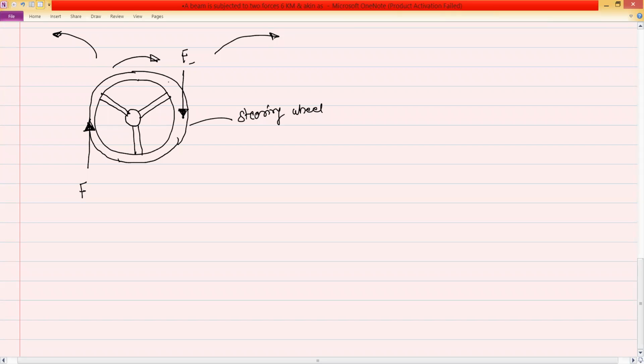So how do we find the magnitude of the couple acting on this wheel? For that, we have to measure this perpendicular distance. This perpendicular distance will be the diameter of that wheel. So the moment or couple acting on this wheel is equal to force into perpendicular distance d. Its unit will be Newton meter. I hope this concept is clear: what is the meaning of a couple?